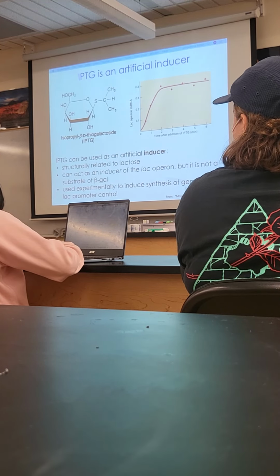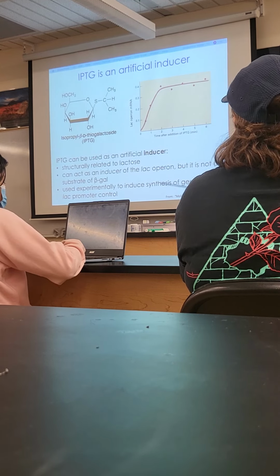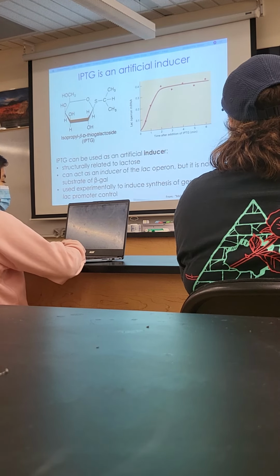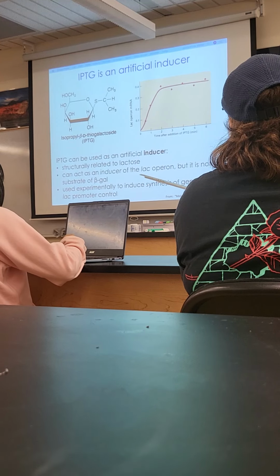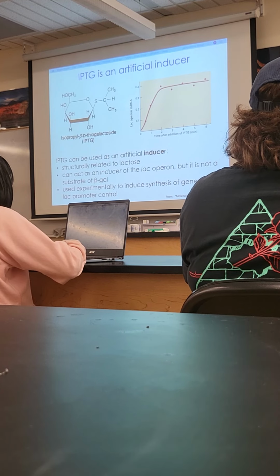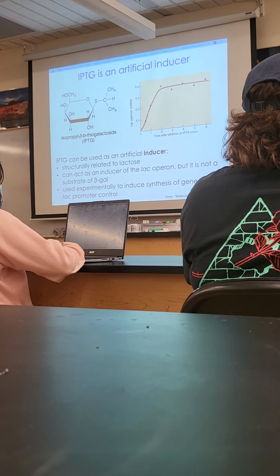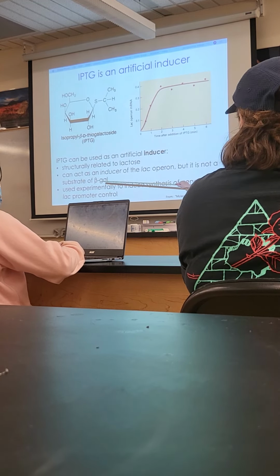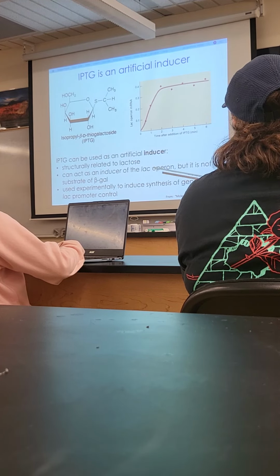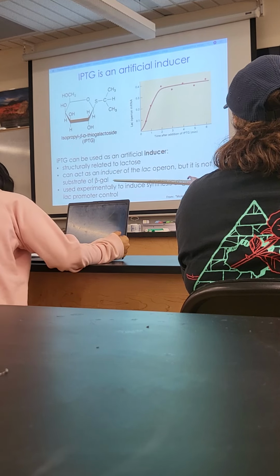The reason why people use IPTG instead of using lactose is that, first of all, it's structurally related, so it binds to the repressor. It acts as an inducer, but it's not a substrate. So if we think about it, lactose is the thing that turns on the lac operon, but lactose is also digested once you turn on the lac operon, it is a substrate of beta-galactosidase, right?